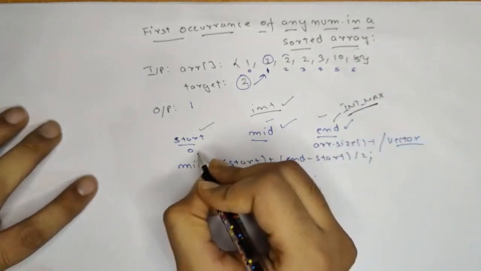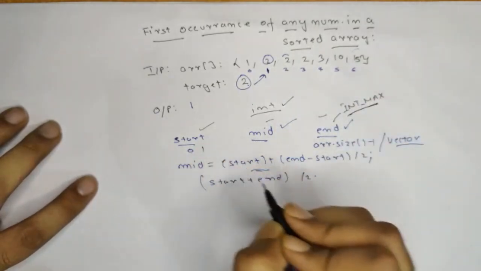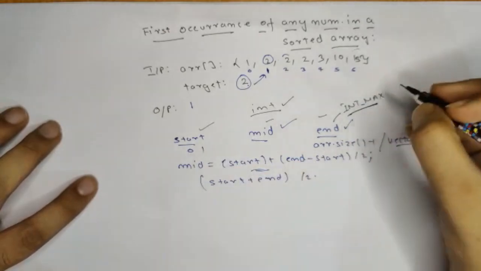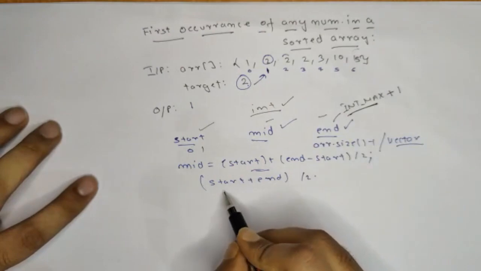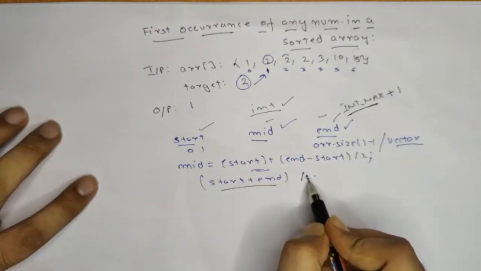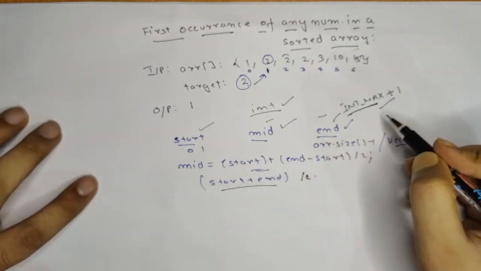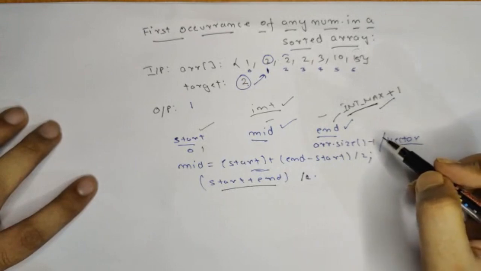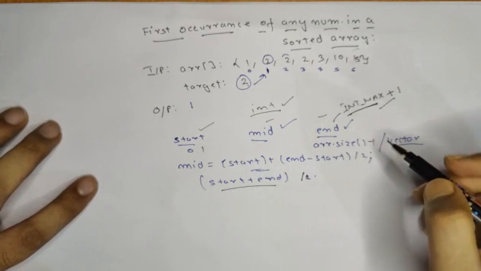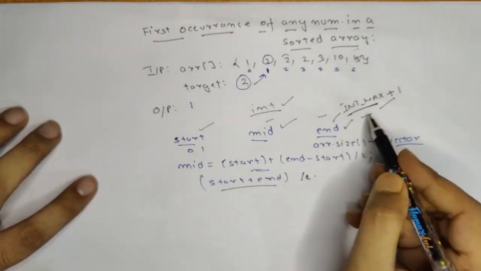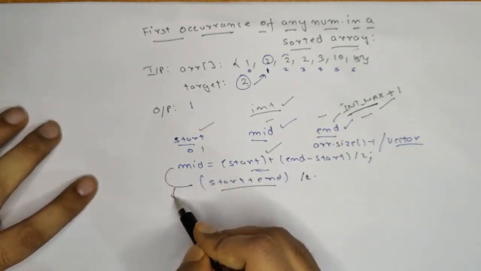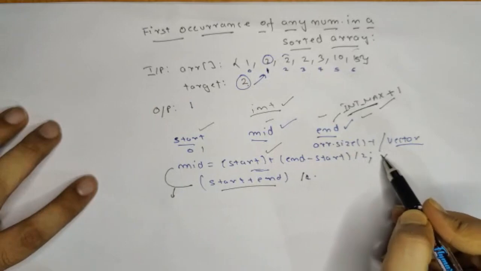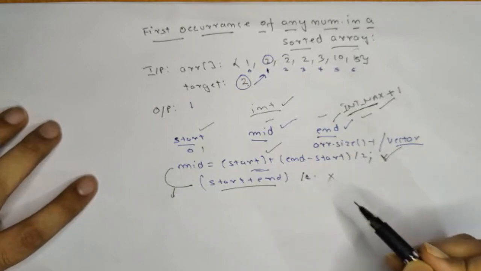If start is, say, 1, then adding integer max plus 1 and dividing by 2 can't be done; it will give an error. To resolve this error, we use this equation. Both give the same value, but this one will not give any error. So this is correct and the other is not correct.